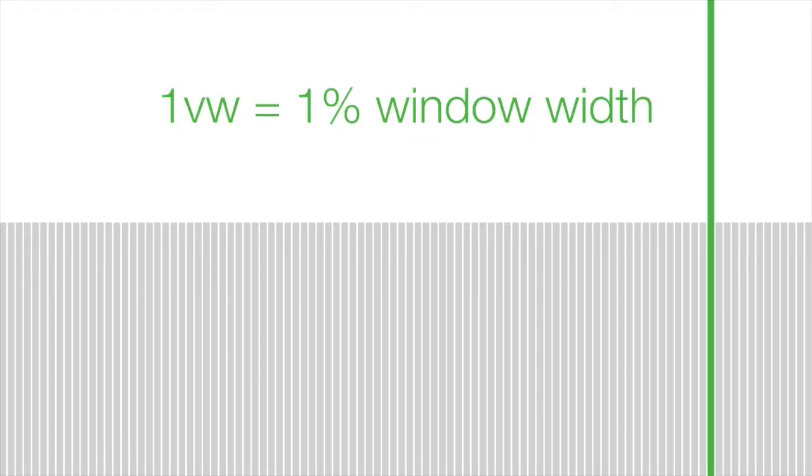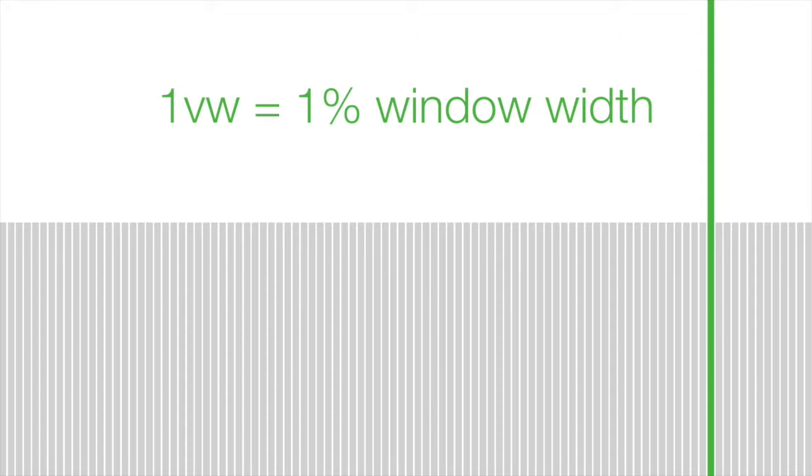So it's always a true 100%, which is always really nice. But what this means, if 100 VW is equal to the width of the window, then 1 VW is 1% of the window width. So the screen bar that you see here on the screen is 1 VW.